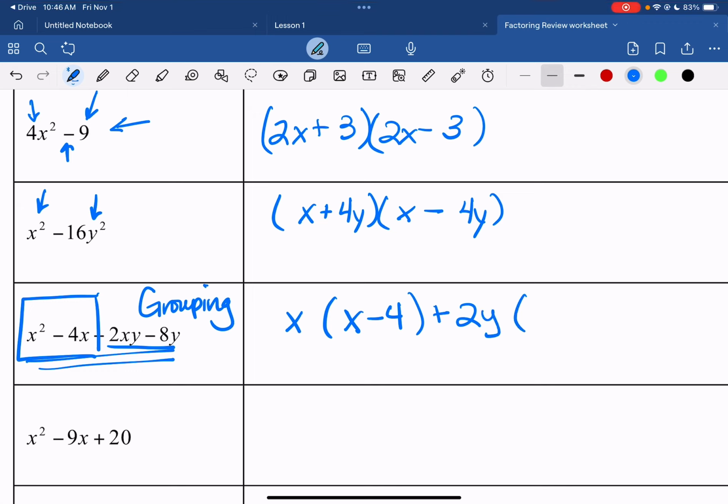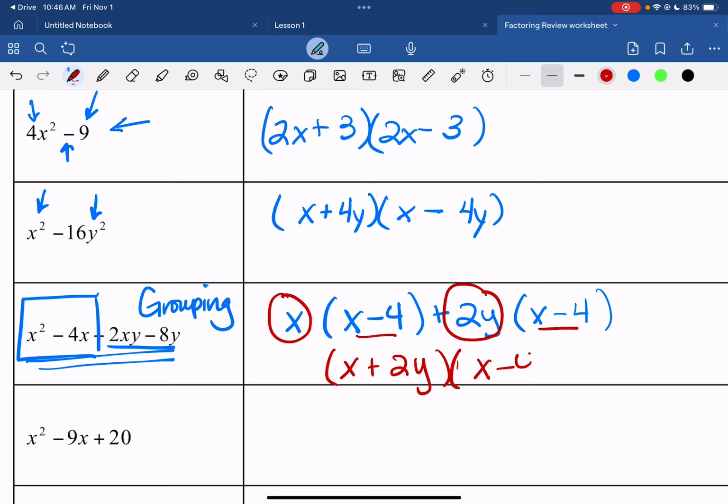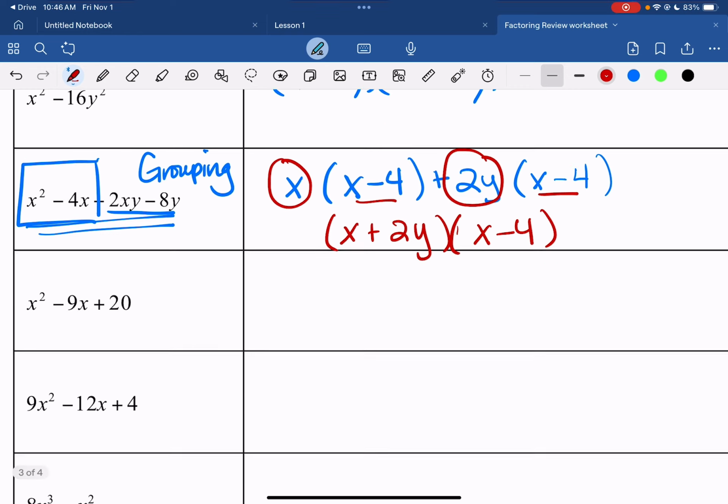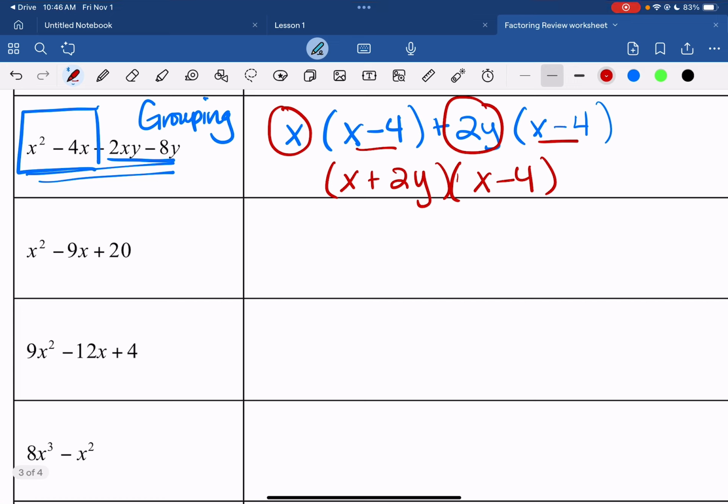And so we end up with x minus 4. So I have a common binomial between the two. So then my final answer is x plus 2y, which is the first and the second term before those, times x minus 4.